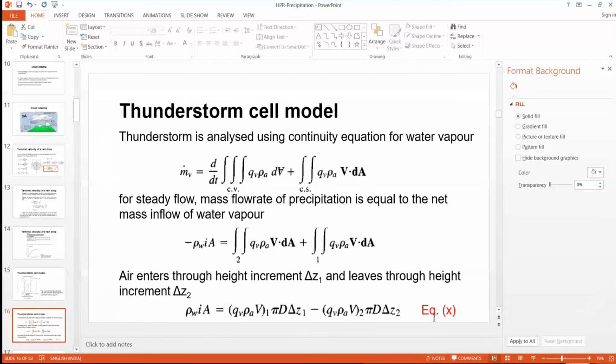So let's write this as equation 1, where qv is the specific humidity. So qv into ρa gives the moisture content. The inflow moisture content minus the outflow moisture content, into the inlet and outlet volumes correspondingly, gives the rainfall rate.